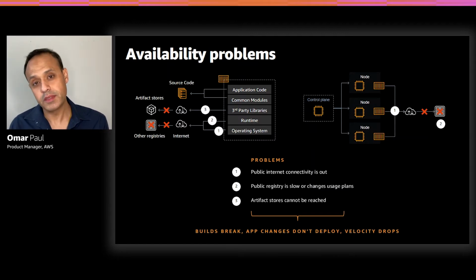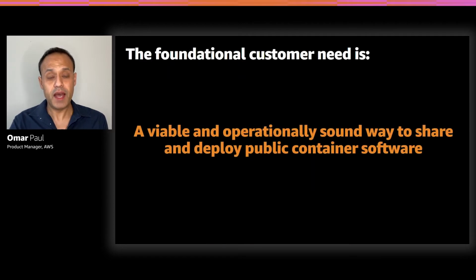It'll cause problems. As we've seen, your builds break, your velocity drops, your apps don't deploy as fast, and ultimately your users have a less than optimal experience. And if you dive a little bit deeper, the core foundational need for our customers is revealed: our customers need a way to distribute public container software with reliability and with trust.